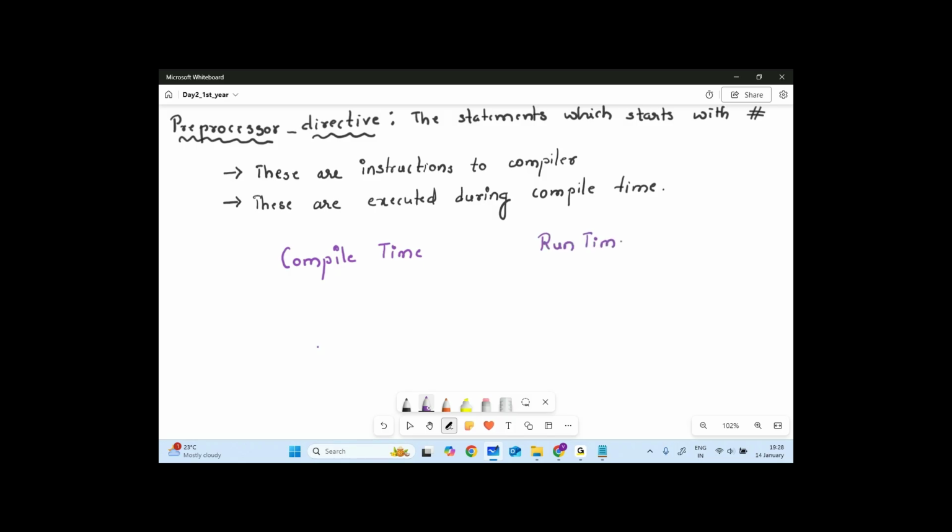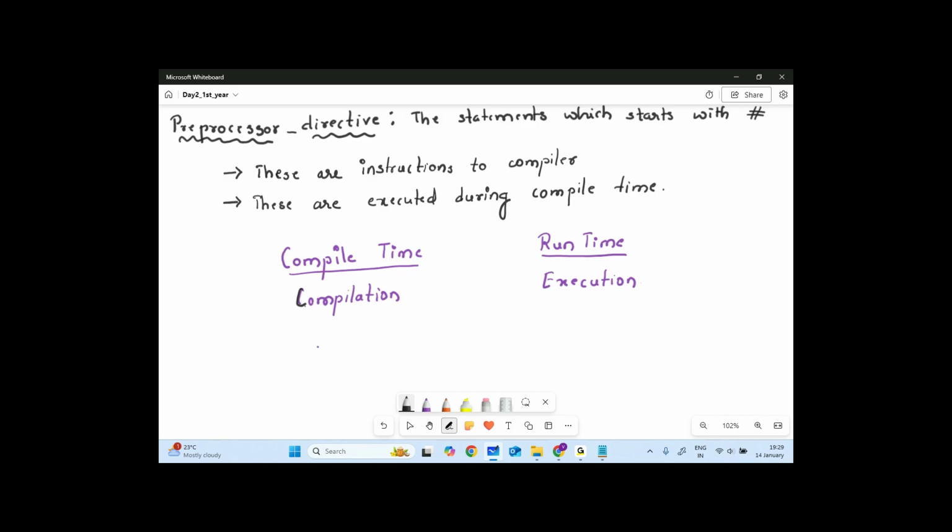These processes are called compilation and execution. First, we need to understand these two things before we continue with our content. So, what is the meaning of compilation?